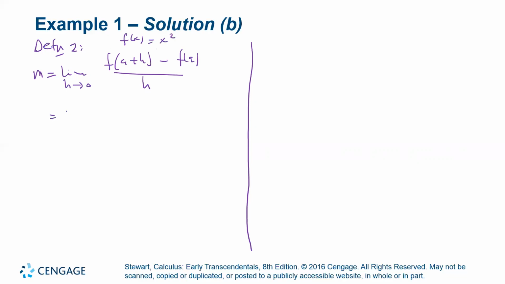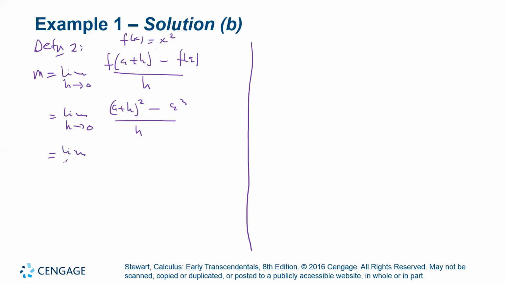And so when I have this, I'm going to substitute f of a plus h. It will be a plus h all squared minus a squared, divided by h. So let's expand the numerator.